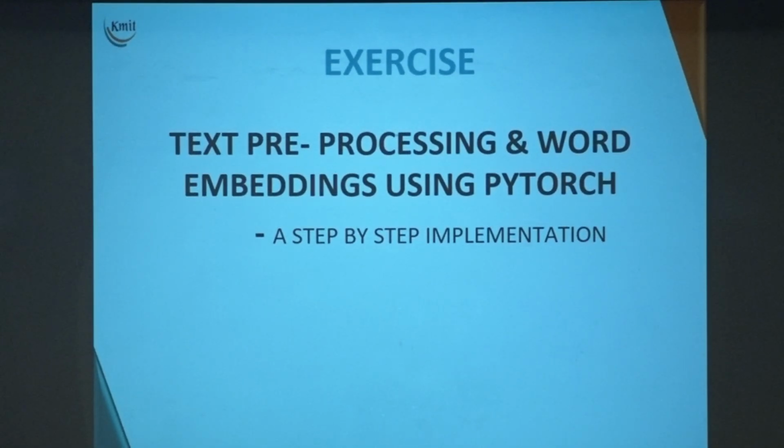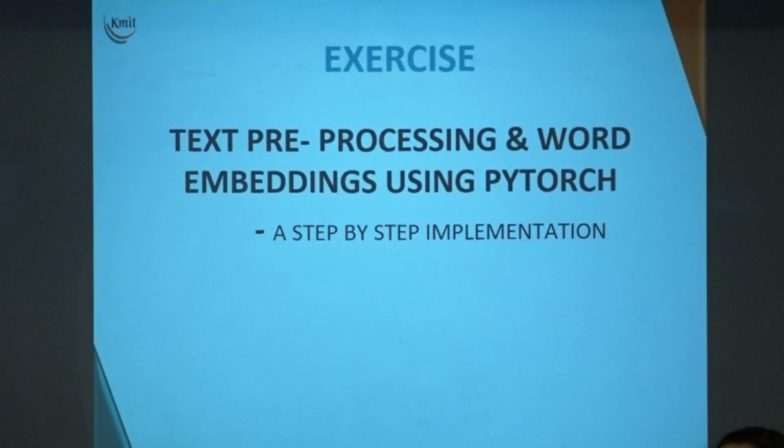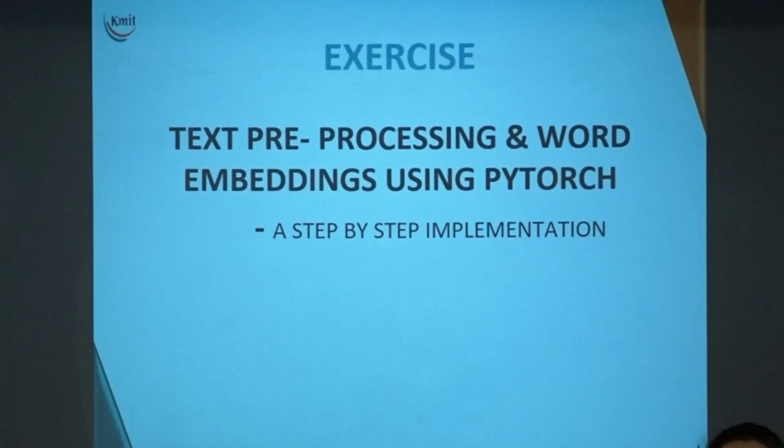Thus, text pre-processing and word embedding is the basic prerequisite to any sequential learning model. It can be an RNN model, it can be an LSTM model, it can be a GRU model. Are you clear? So if you understand this, basically you can work with any type of sequential learning model which is involving text as its input.